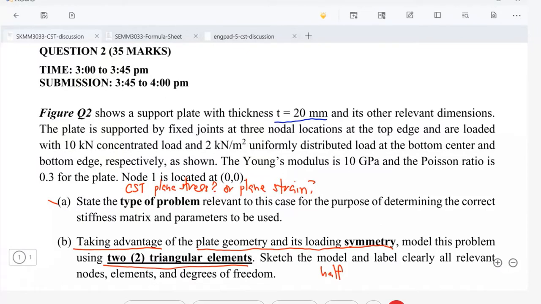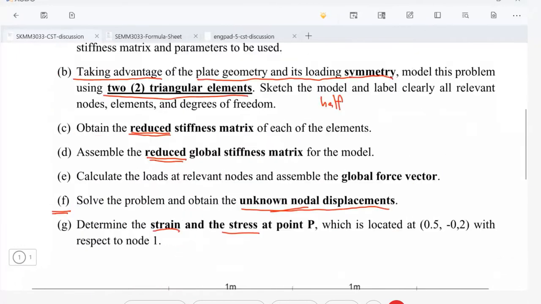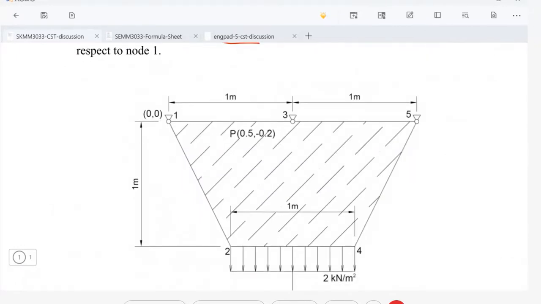Sketch the model and label clearly all relevant nodes, elements, and degrees of freedom. If you look at this question, of course, you can do this straight away. But if you look at the node points, okay.